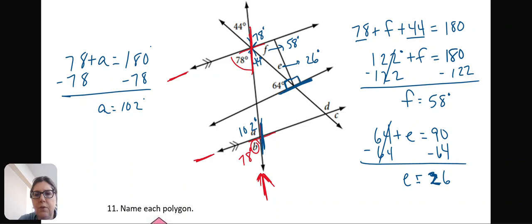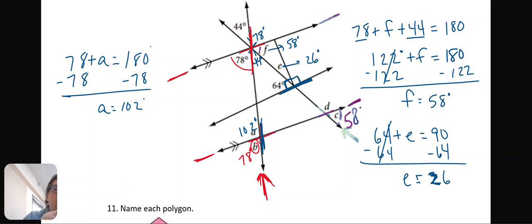Okay, now I need to switch over to this other transversal. So I still have parallel lines, but this is my transversal this time. So same positions. Angle C in this intersection, which would be bottom right, is in the same location as F. So if F is 58, then C is 58.